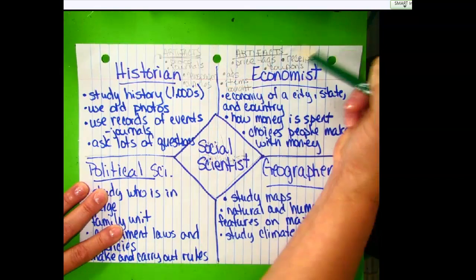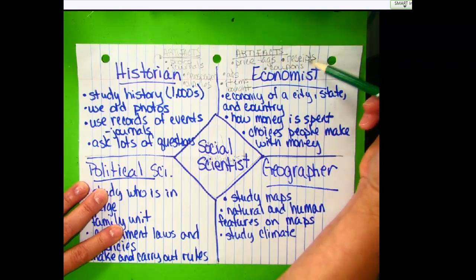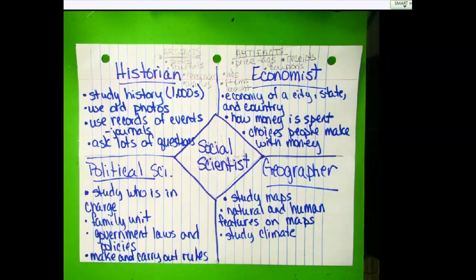So again, artifacts that economists would use would be price tags, receipts, coupons, advertisements, and items bought.